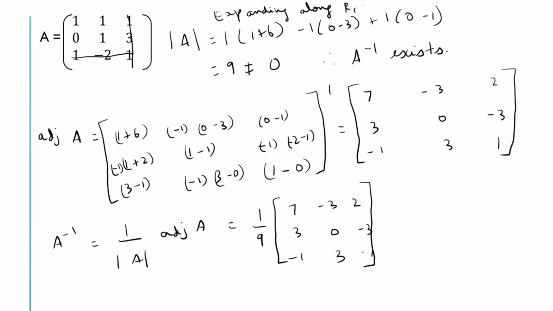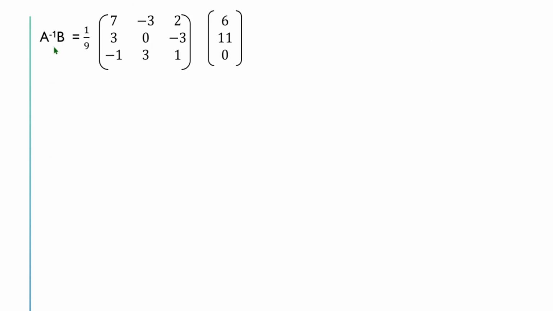Now the next step is to find A inverse into B. B is the matrix containing the constant terms, that is 6, 11, 0. Now let us multiply these two matrices.